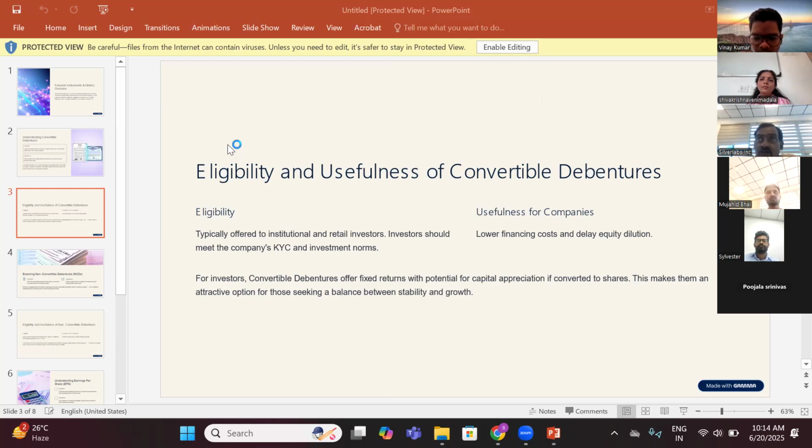That means 90,000 for rupees 10 lakhs if they raise it in the market. And this can delay dilution. Dilution, in the sense that when the company goes into erosion of its capital, then this will come to the rescue, and it helps the company to come out of the situation.